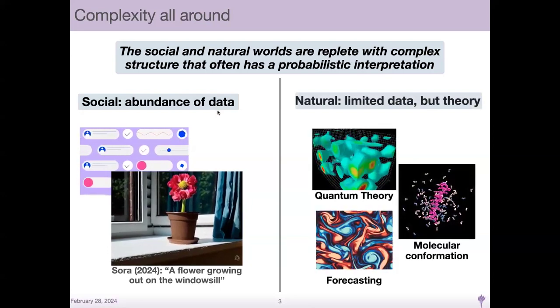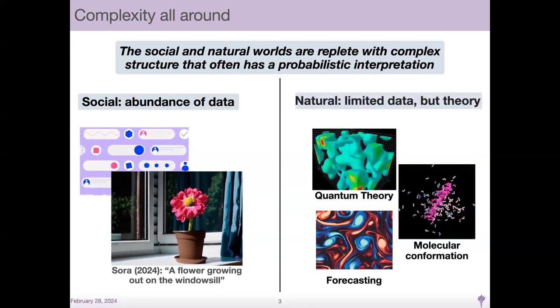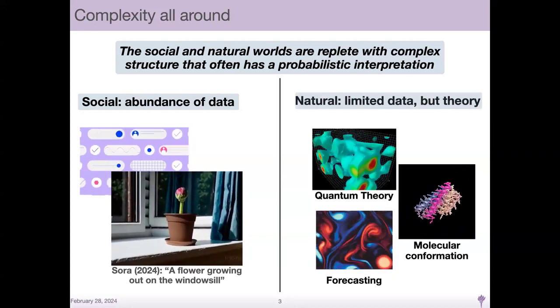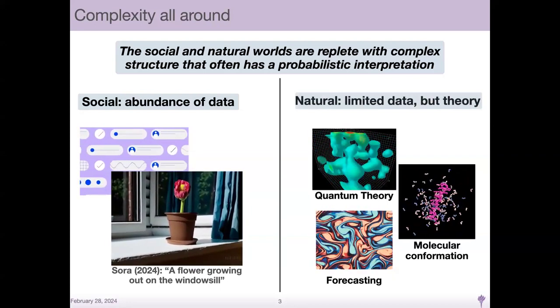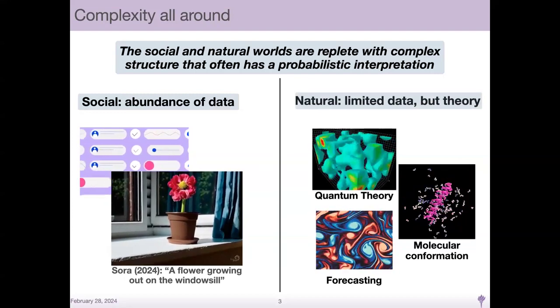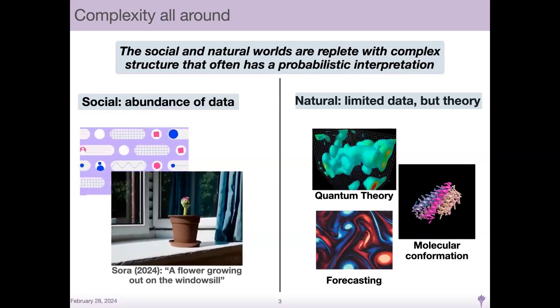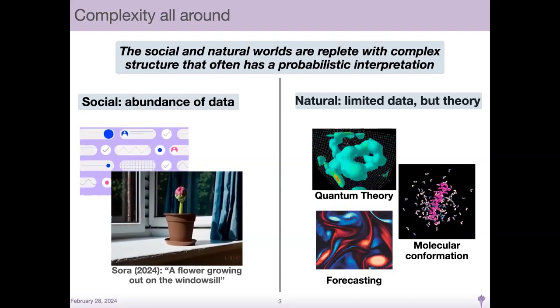And then on the other side, our natural world is also replete with this probabilistic structure. We can ask about problems in simulating the structure and conformations of quantum field theories, of the conformations of molecules, or perhaps the ensemble of future predictions of dynamical systems.